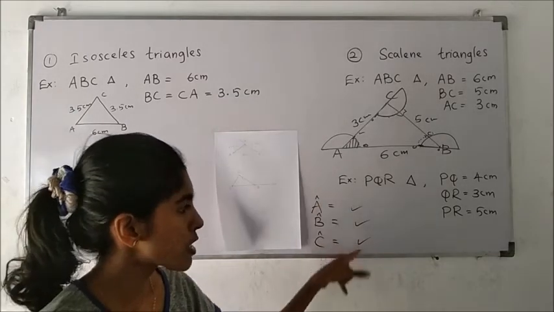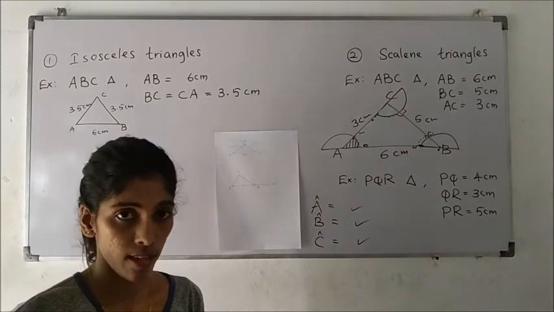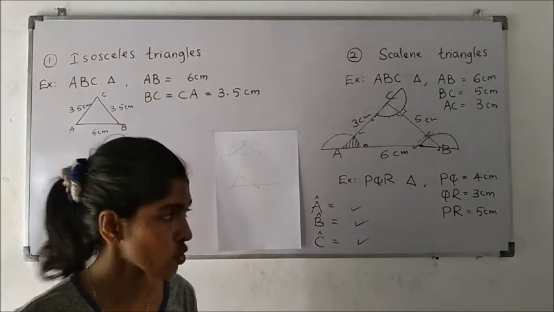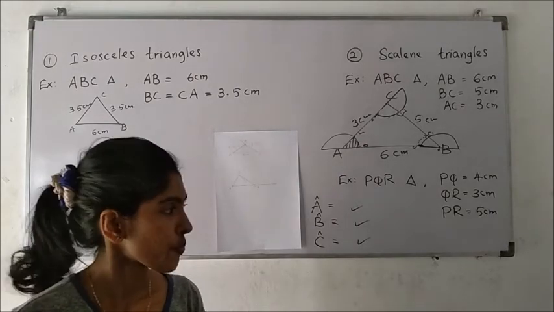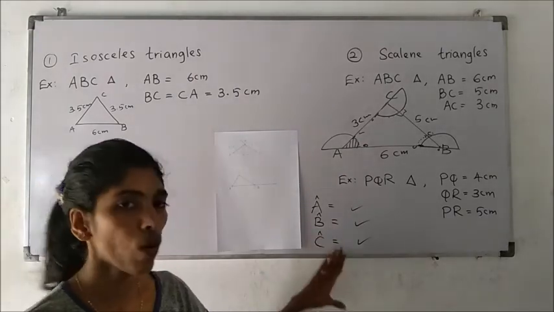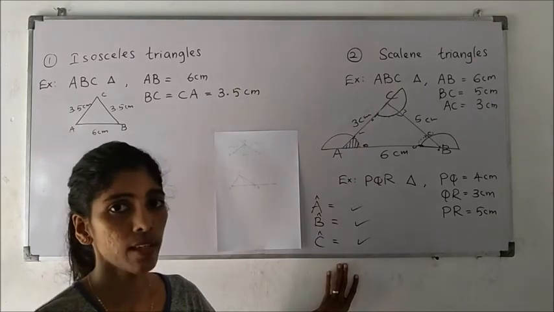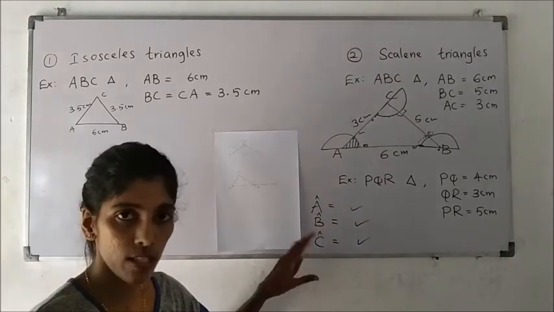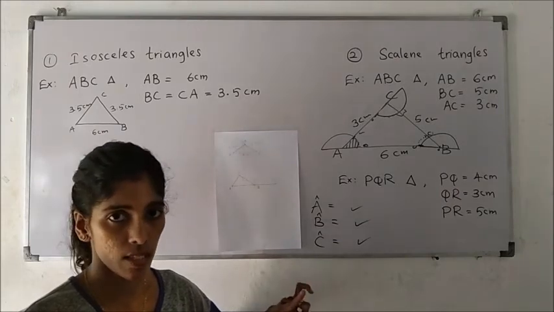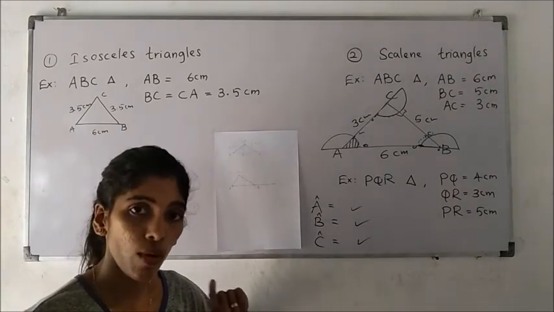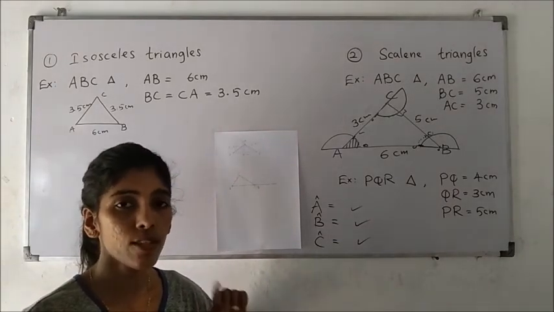If one of these 3 is greater than 90 degrees but less than 180, we call it as obtuse angle triangle. And if one of these 3, only one, is 90 degrees, a right angle, we call it as right angle triangle.